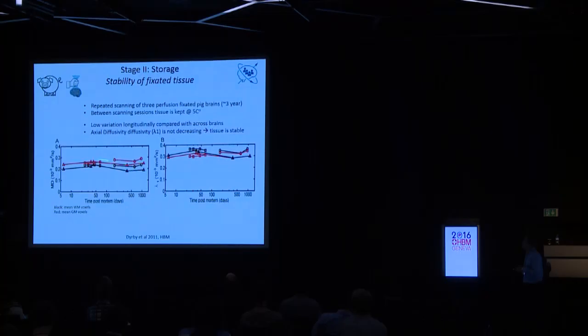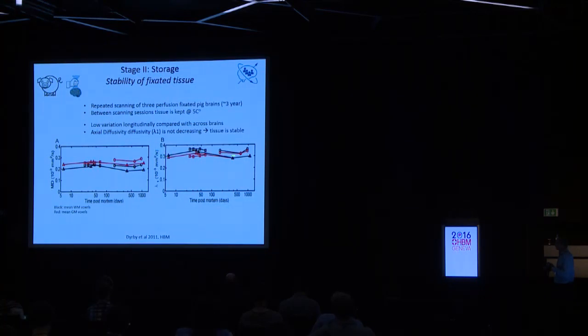We can see here for the different brains the mean diffusivity, where black is white matter and red is gray matter. We can see that the variation across time is small and is less than the variation between brains. And we have the same indication here in the principal direction.